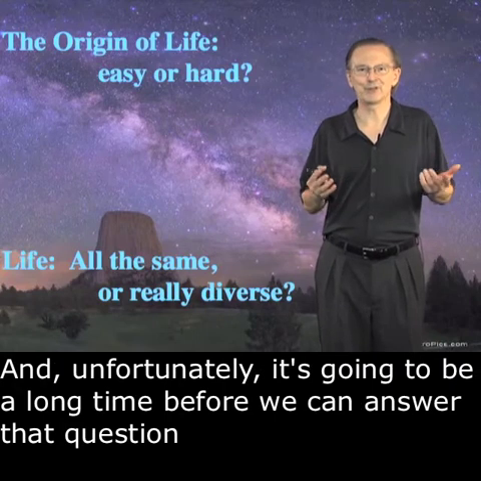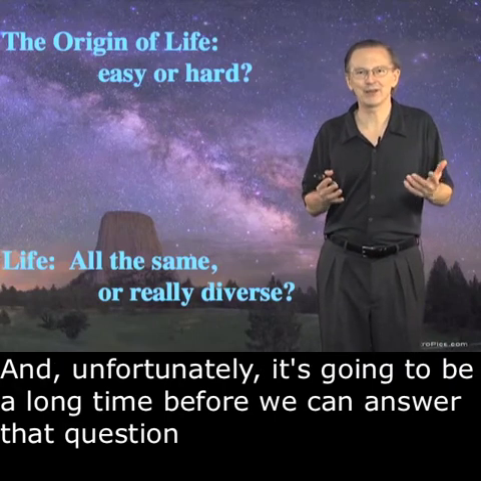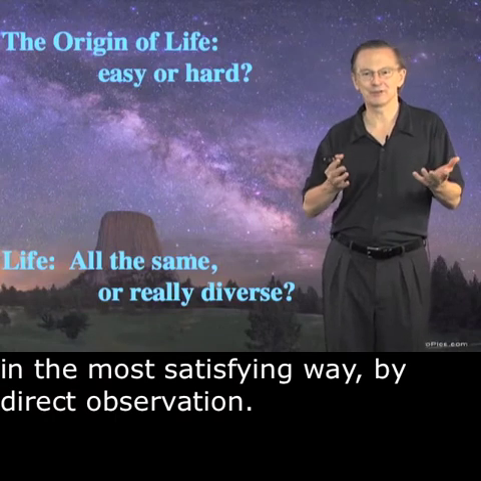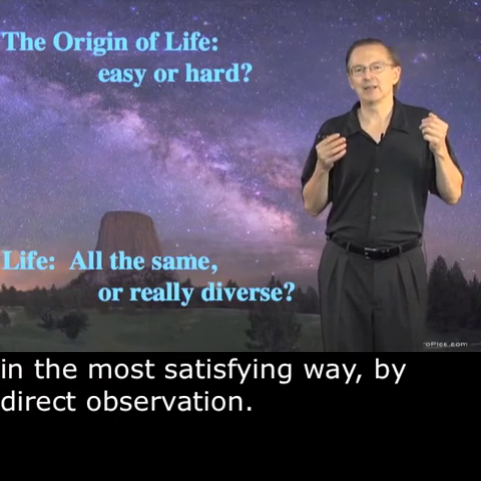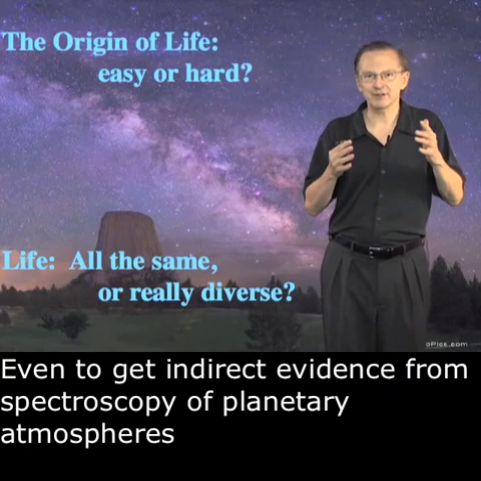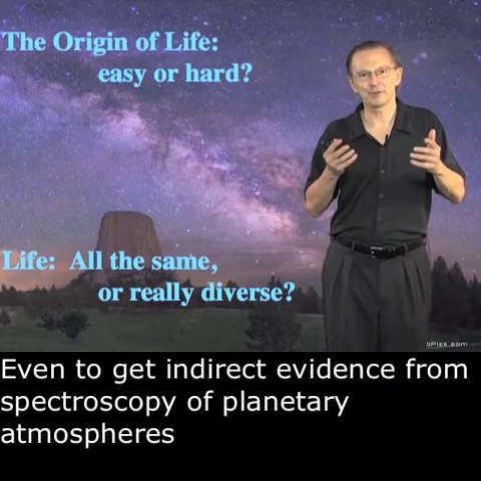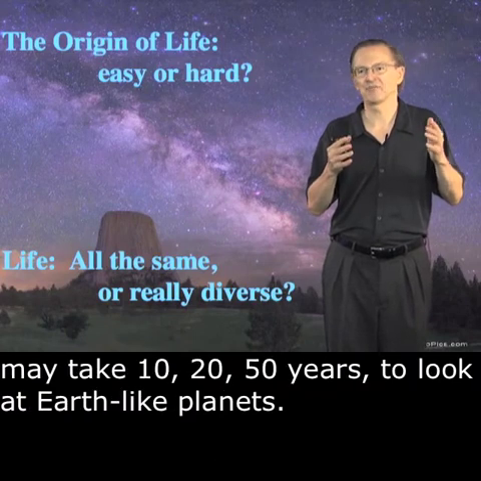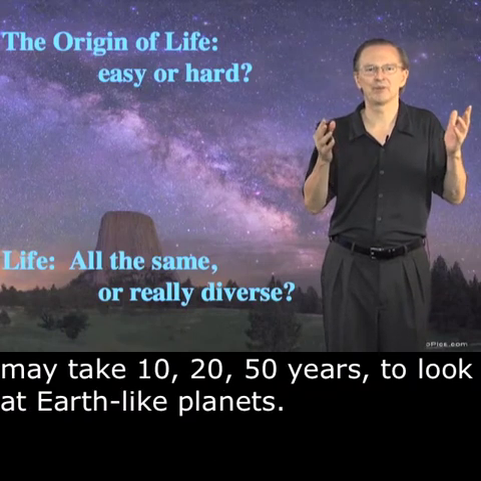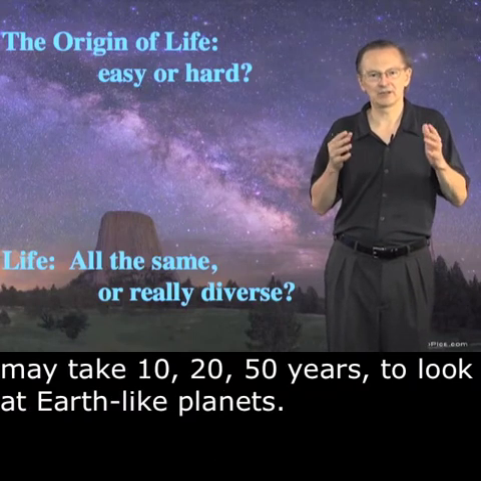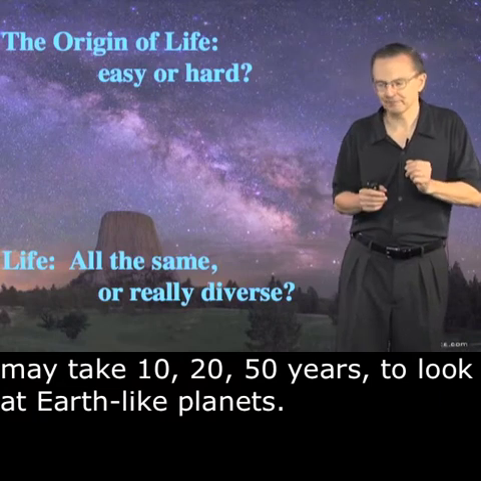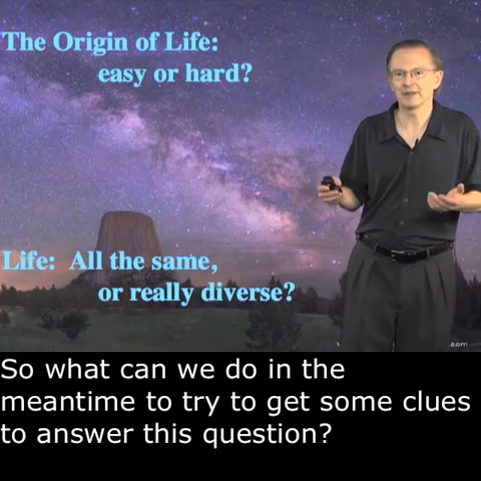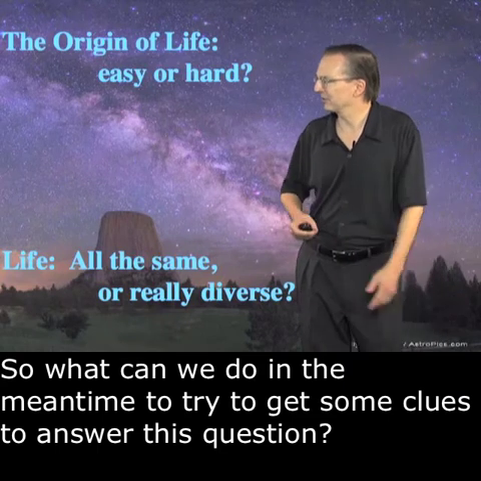And unfortunately, it's going to be a long time before we can answer that question in the most satisfying way by direct observation. Even to get indirect evidence from a spectroscopy of planetary atmospheres may take 10, 20, 50 years to look at Earth-like planets. So what can we do in the meantime to try to get some clues to answer this question?